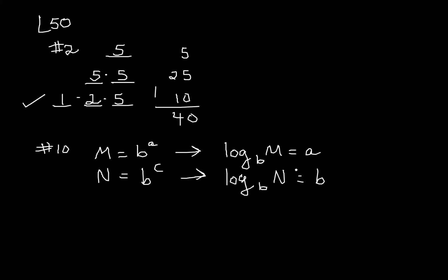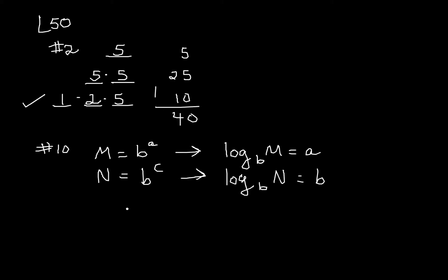And then they want us to show that log base b of m over n is equal to log base b of m minus log base b of n. You guys really got this? Okay. You guys are amazing.